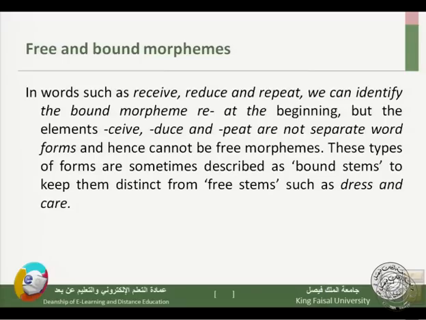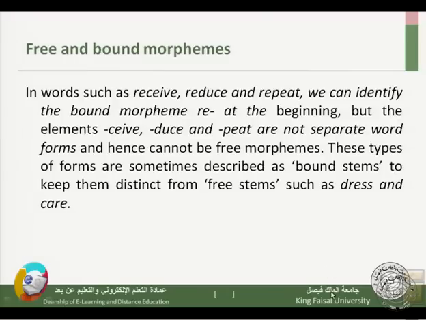In words such as receive, reduce, repeat, we can identify the bound morpheme re, the prefix re at the beginning of a word. But the elements ceive, duce, peat, if we omit this prefix re, we will have ceive, duce, and peat, the rest of the words.